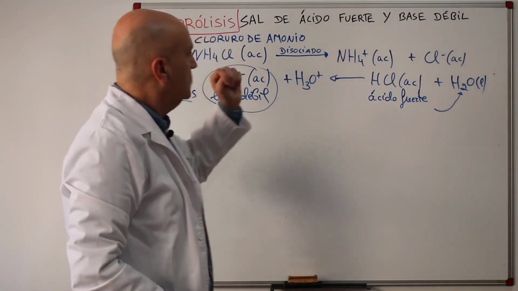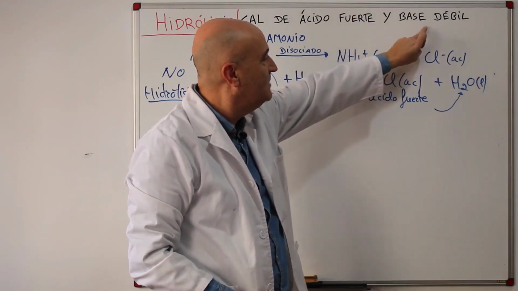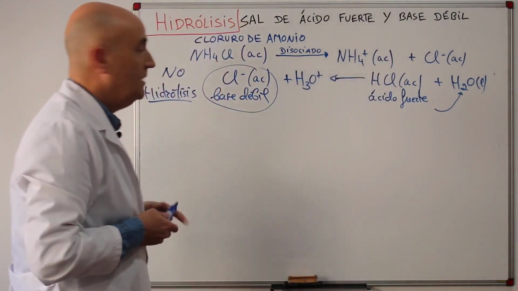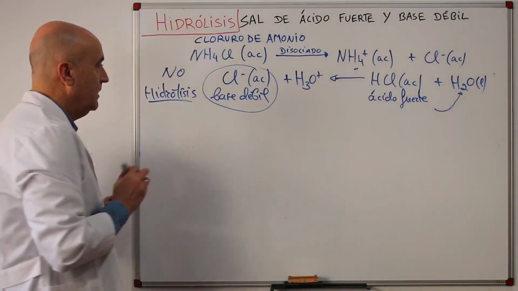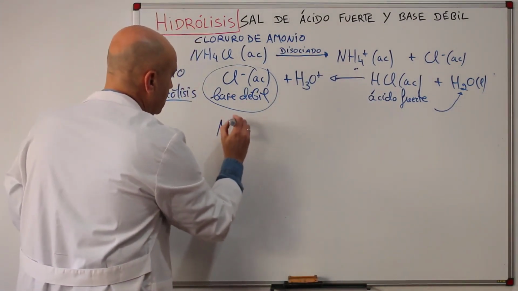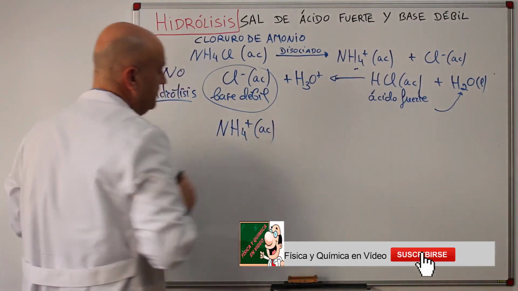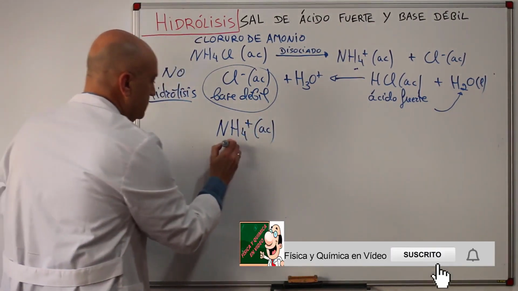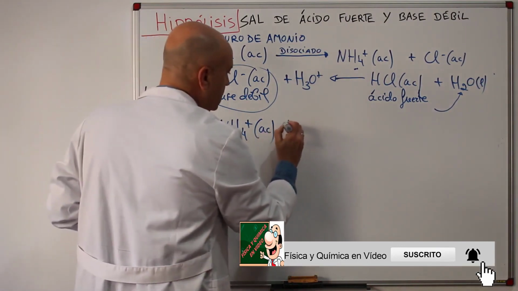So can we be at ease with this chloride coming from a strong acid? Yes. If I had a strong base, it would be the same case, but it turns out I have a weak base. And what is the weak base? Here I have the ammonium left. If I take the ammonium NH4+ in aqueous solution, this would be the acid, because it will lose the proton. The acid against whom?